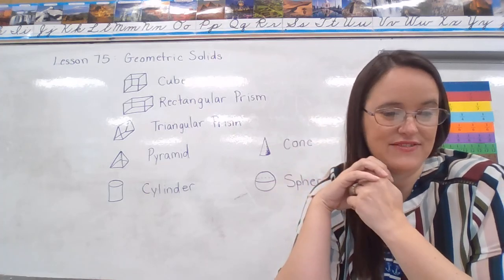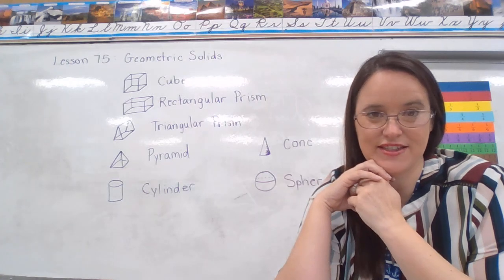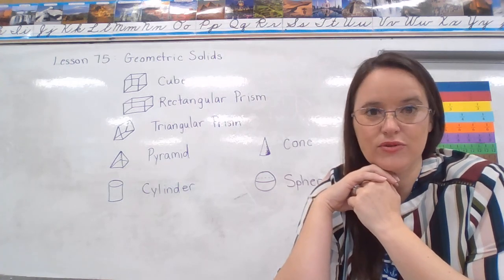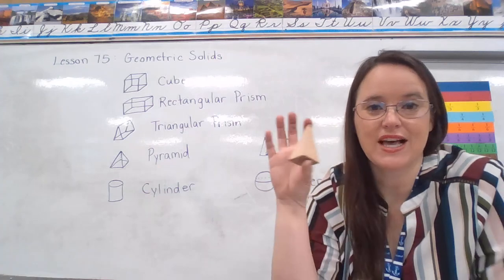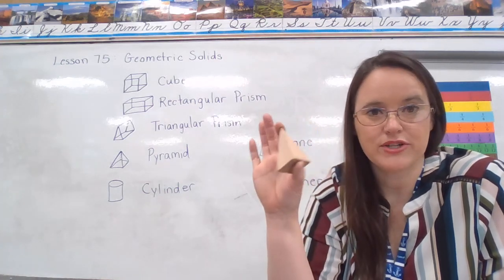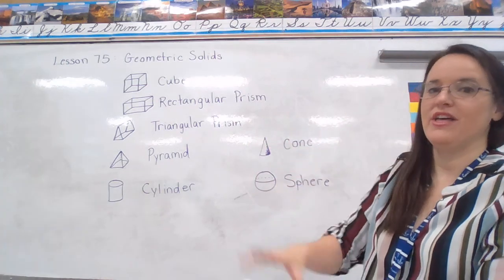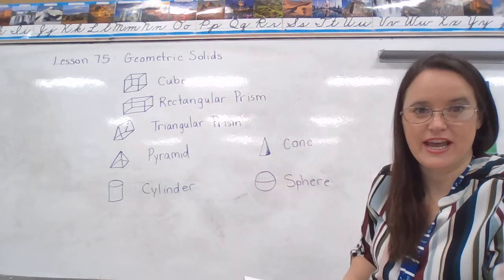The last activity I have for you today, since we've just done your lesson practice together, is I would like for you to go on a geometric solid scavenger hunt in your house or wherever you are doing school today and see if you can find an example of each of these shapes.